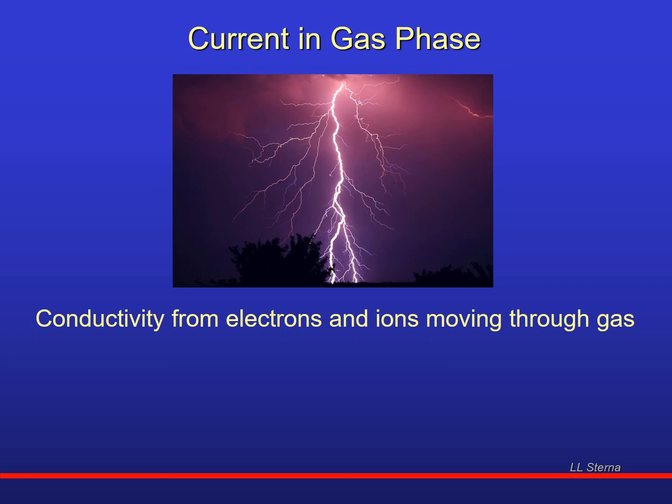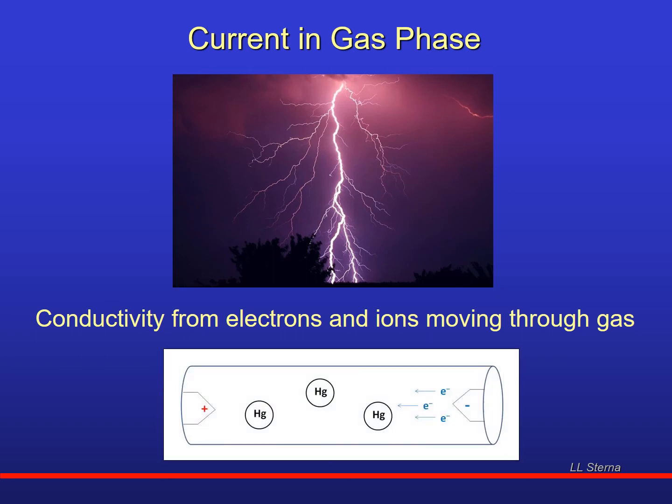Now, lightning is common, but much more common is the fluorescent light. In a fluorescent light, you typically have a long tube with an electrode at either end. You put a potential difference across the ends of the tube. Electrons are accelerated from one end toward the other end.